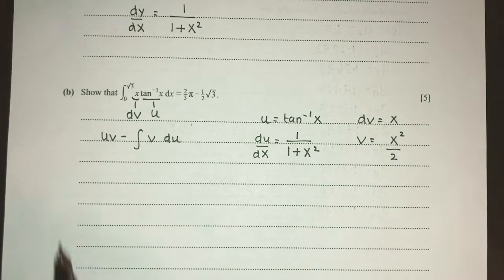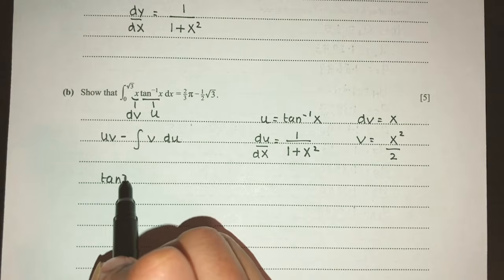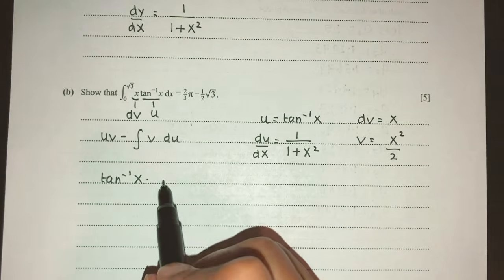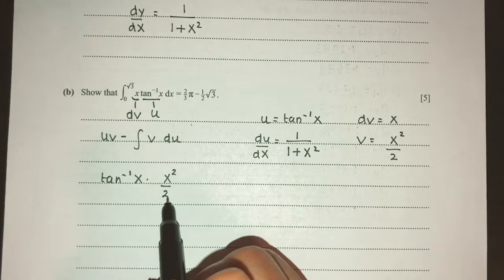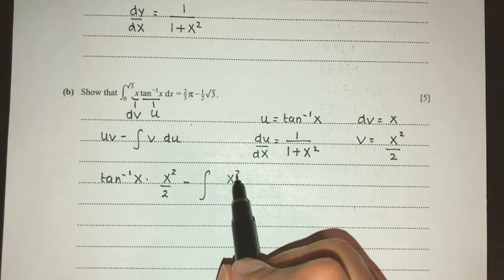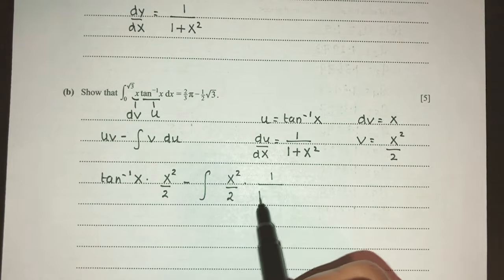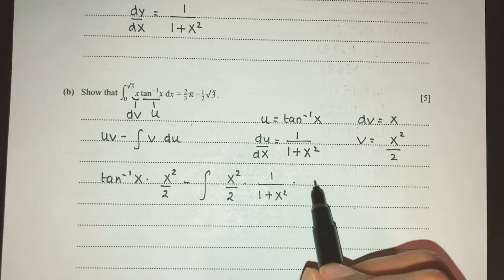Okay, so you will have u, which is tan inverse of x, times v, which is x squared over 2, minus the integration of v times du, which is 1 over 1 plus x squared times dx.